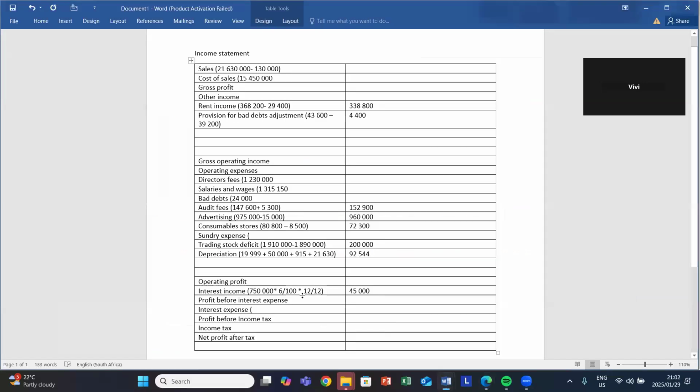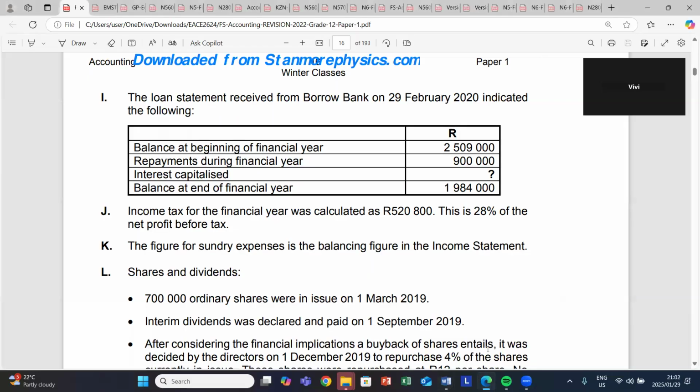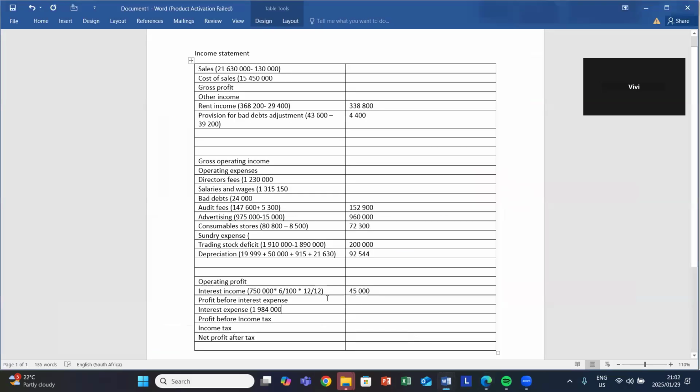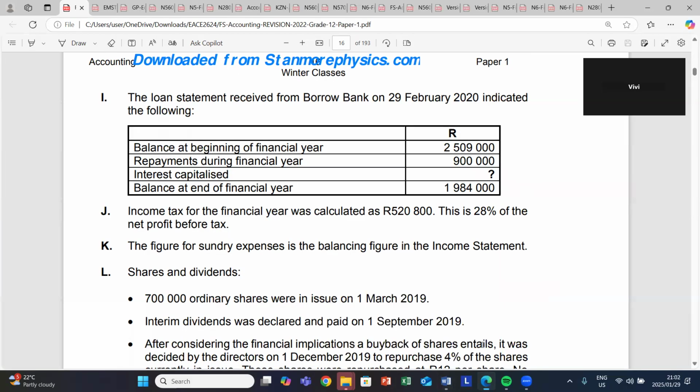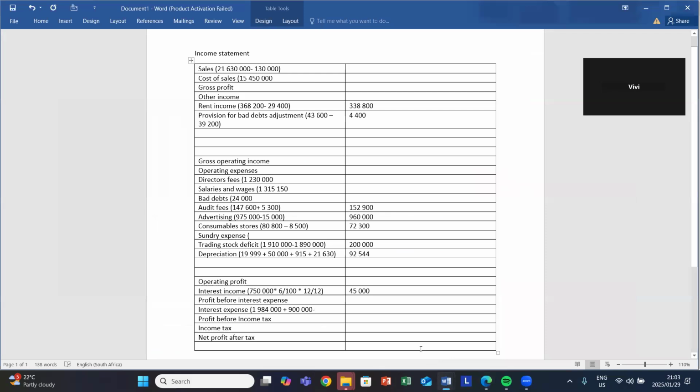That's what you said. 1,984,000 balance at the end plus our repayments, meaning plus 900,000. Minus the balance at the beginning. How much is our balance at the beginning? 2,509,000.